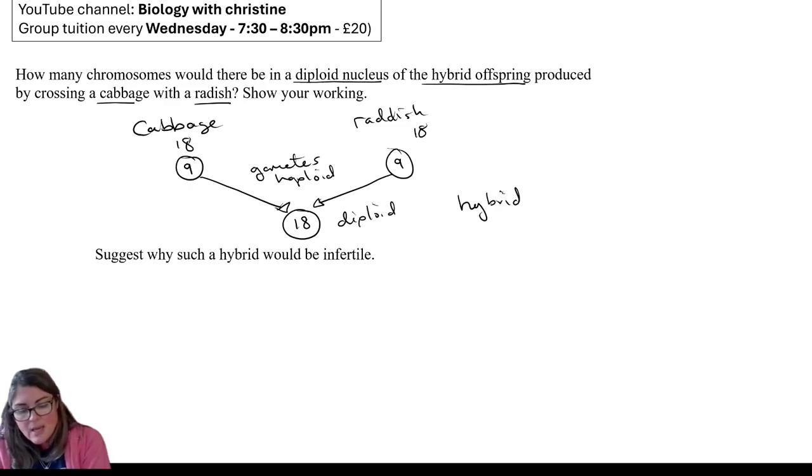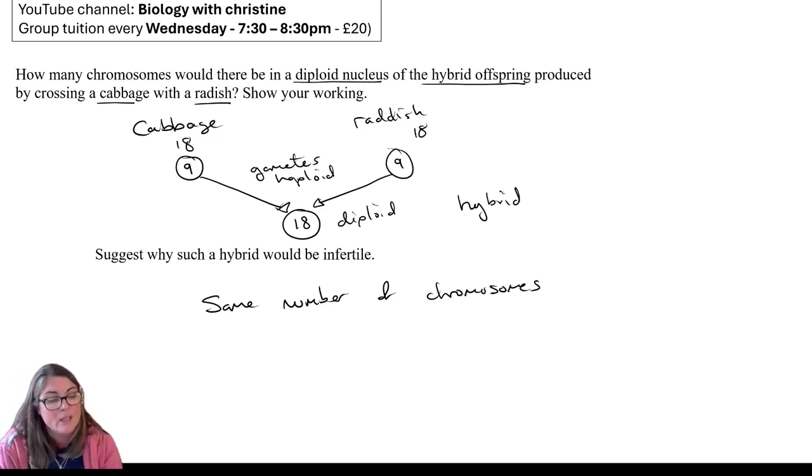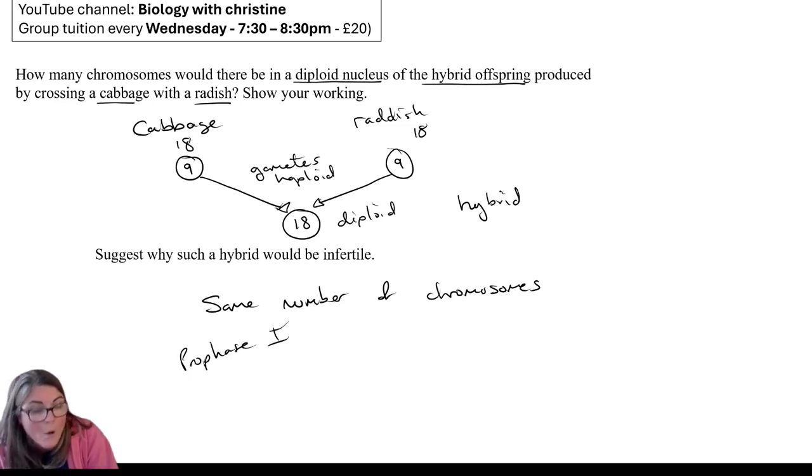And the reason being is although they've got the same number of chromosomes, we can see that quite clearly, 18 and 18, so therefore the haploid is 9 and 9. What we have to remember is during prophase 1, what happens?